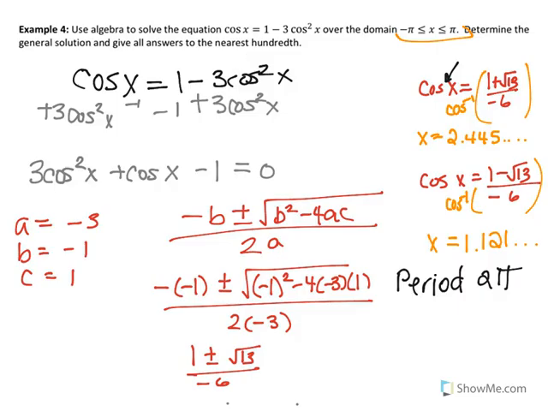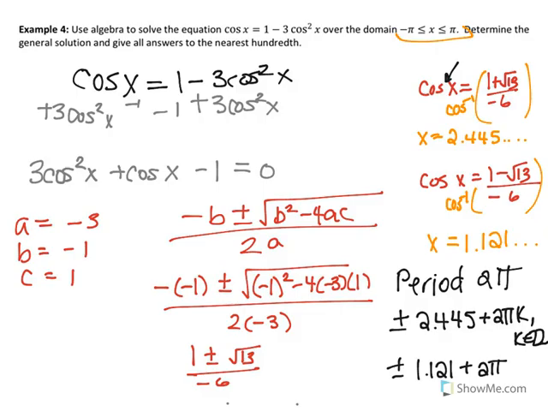So our general solutions, because we can go from the plus and the minus of pi, is going to be plus or minus 2.445 plus 2 pi k, for k an element of z. Same thing here, we're going to have plus or minus 1.121 plus 2 pi k, for k an element of z.